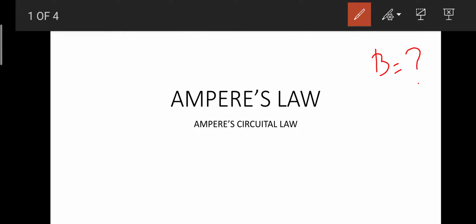We will discuss what the Amperean loop is later on. Basically, Ampere's law explains how you can determine a magnetic field at any point near to or far from that particular conductor.